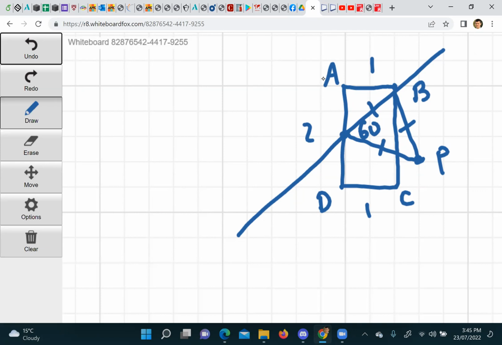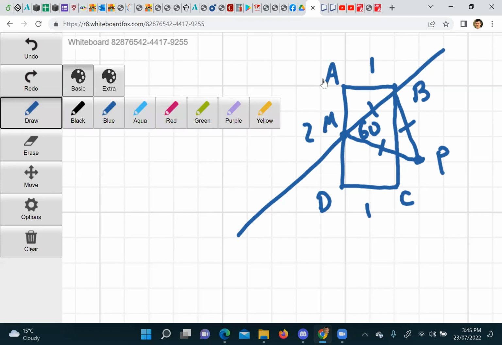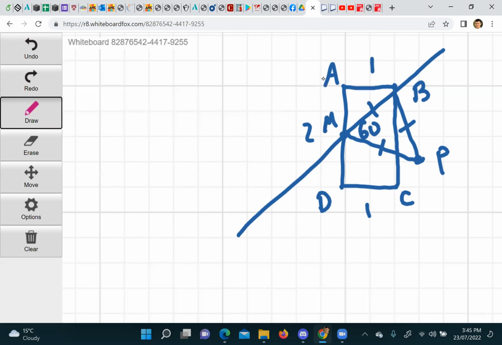Okay, what are we asked to find? The angle CPB. CPB, is that right? Just draw a line here, yeah. That angle. Why is it that angle? Oh, is it not that CPB angle? CPB, that angle. Paying attention, Martin.